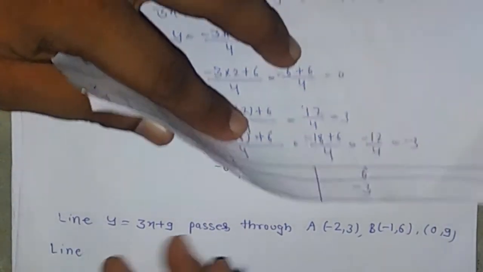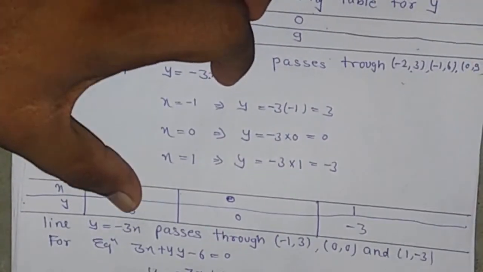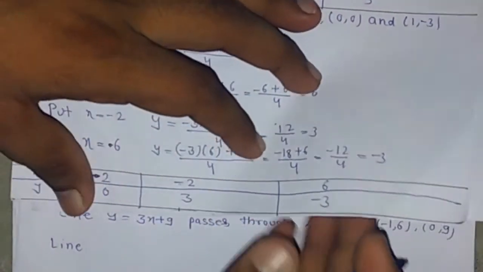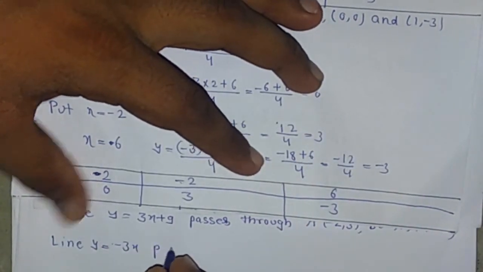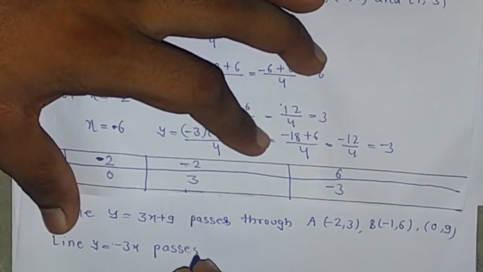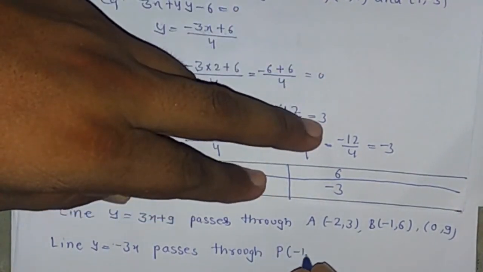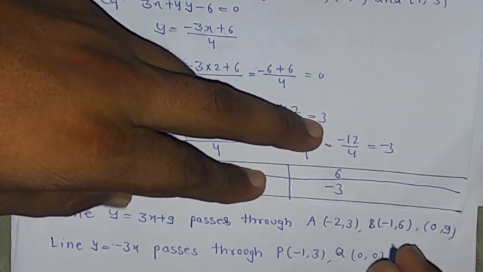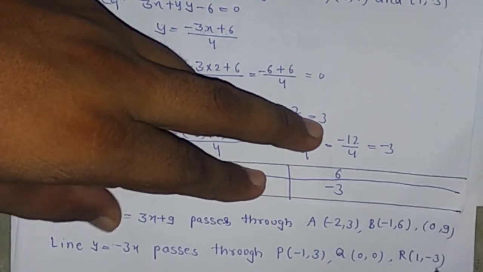Line y equal minus 3x passes through the points P minus 1 comma 3, Q 0 comma 0 and R 1 comma minus 3.